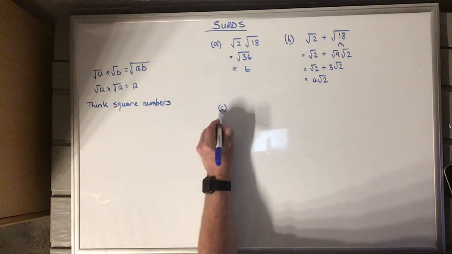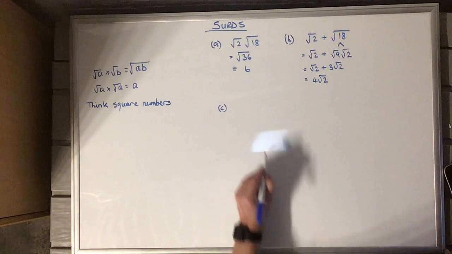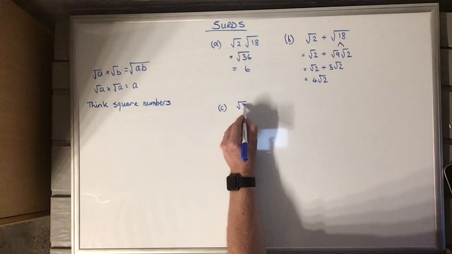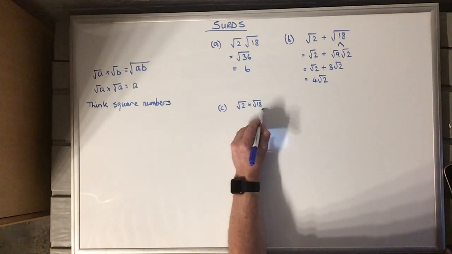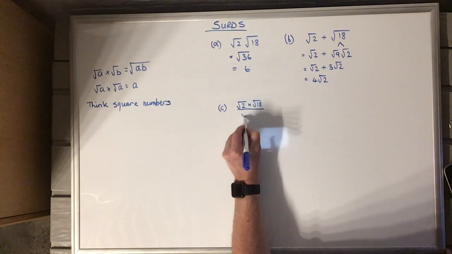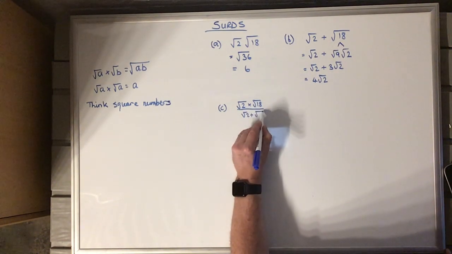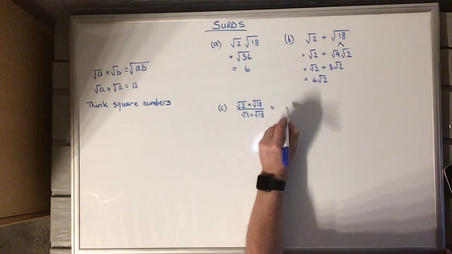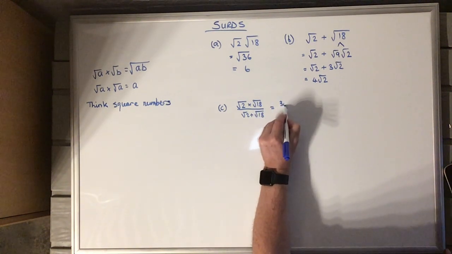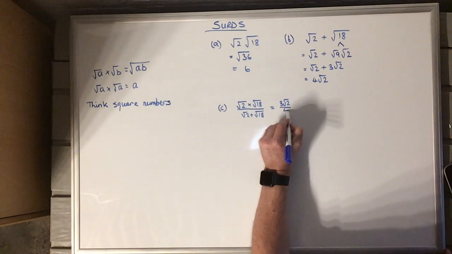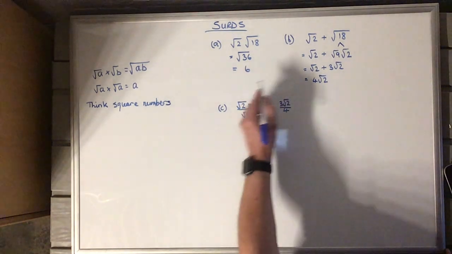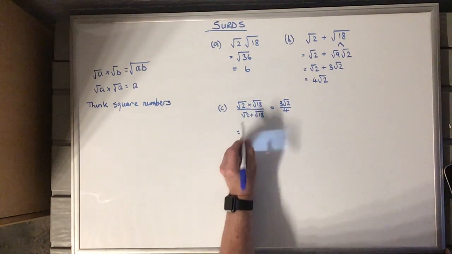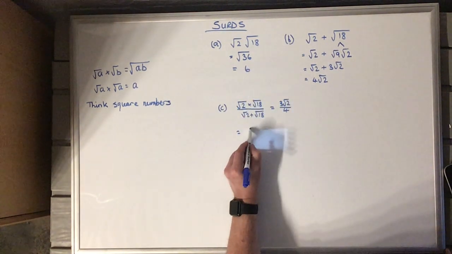And the last part, it says show that root 2 times root 18 over root 2 plus root 18 is equal to 3 root 2 over 4. So to show that, well, we can use parts A and B here. The top part, well, we just said that was 6.